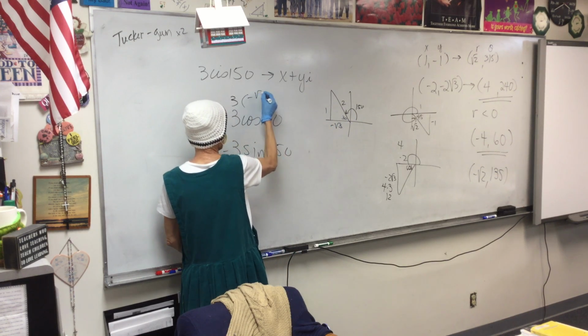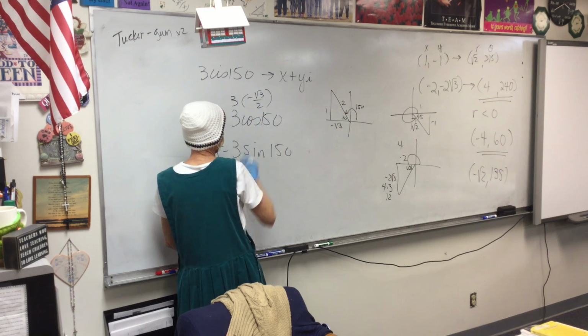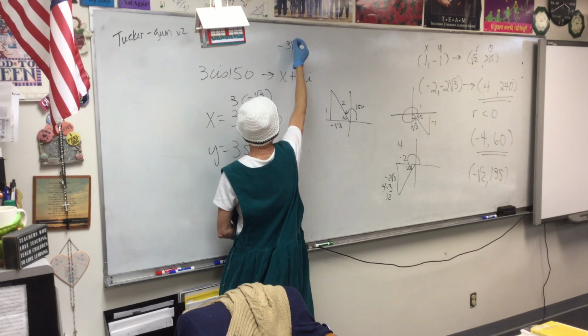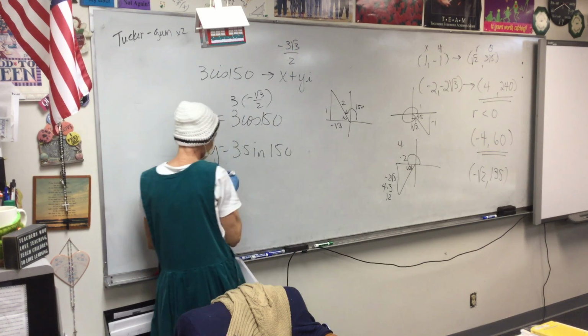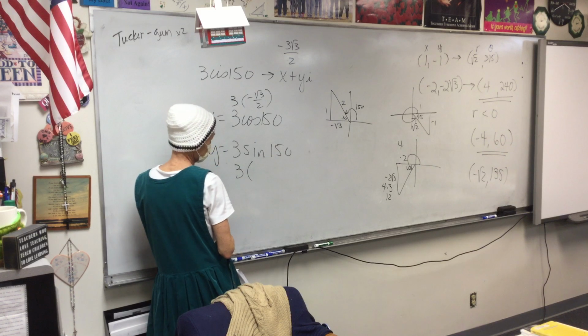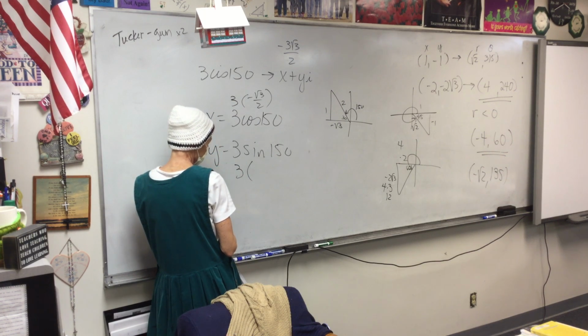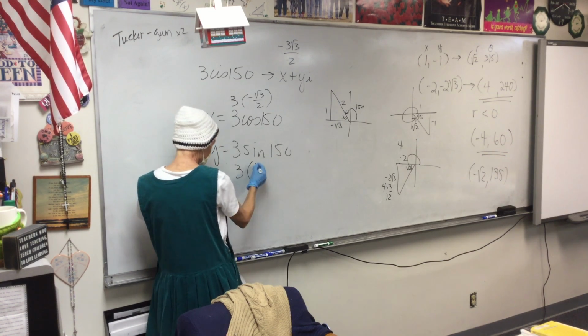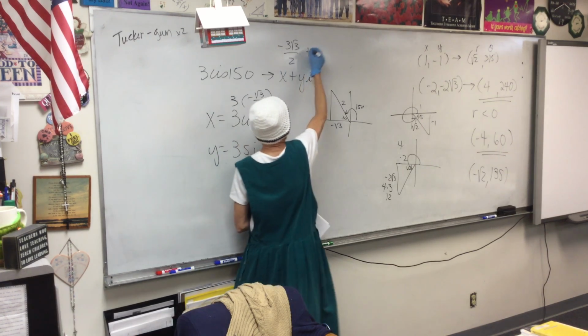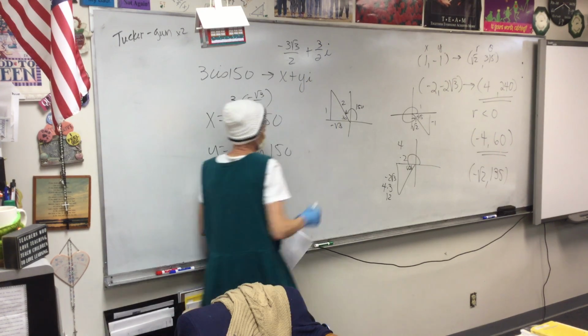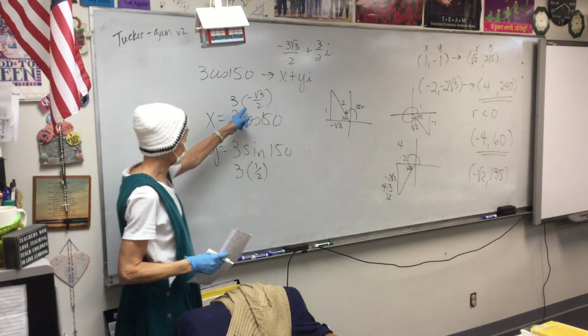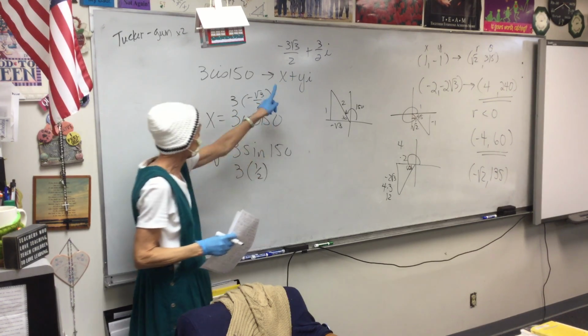Adjacent over hypotenuse. So x will be negative 3 root 3 over 2. What's the sine? One half. So plus 3/2 i. I just write my answer as whatever my x plus yi is.